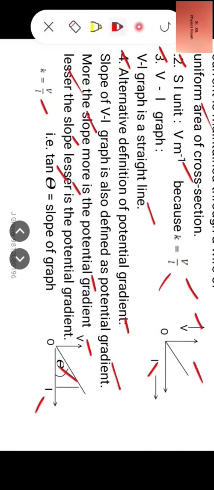Perpendicular side is potential difference or potential drop, and base side is length of the potentiometer wire. So slope will be equal to tan theta, which we can write as K. K is equal to V by L. So it is the potential gradient.